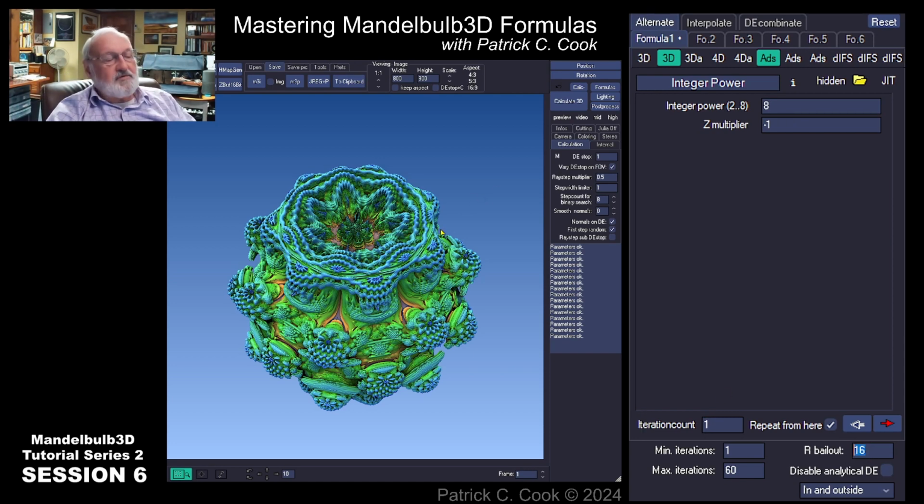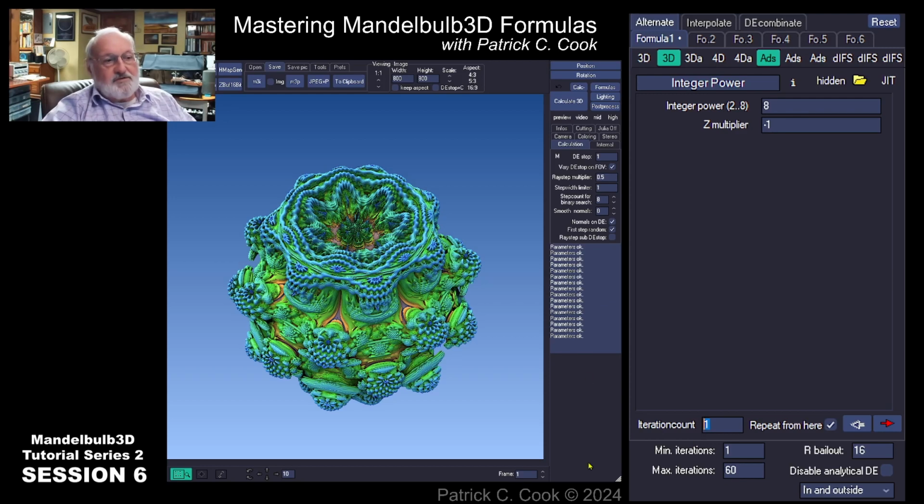So if you can kind of envision this, all of this blue area right here, there are no dots, there are no pixels, because this Mandelbulb graphic was able to form on the screen with 1 iteration of the formula with an R bailout of 16.